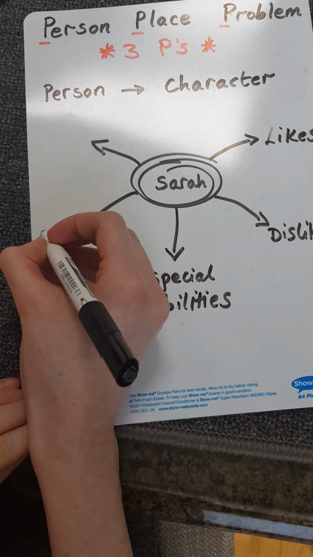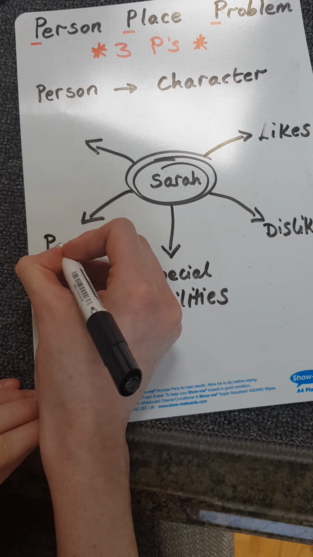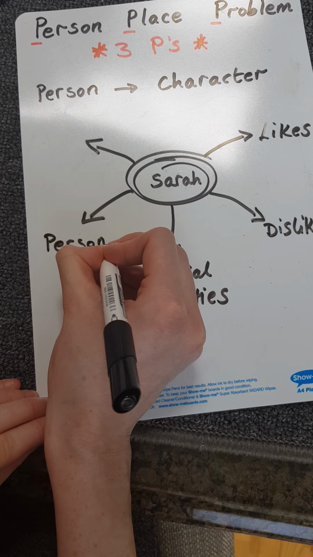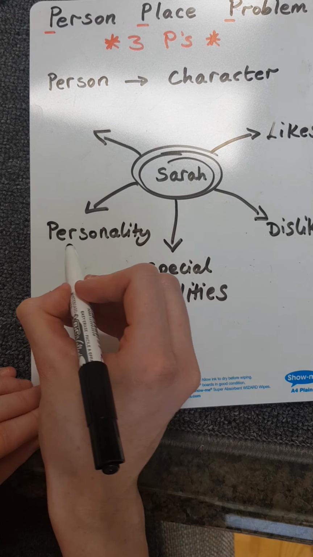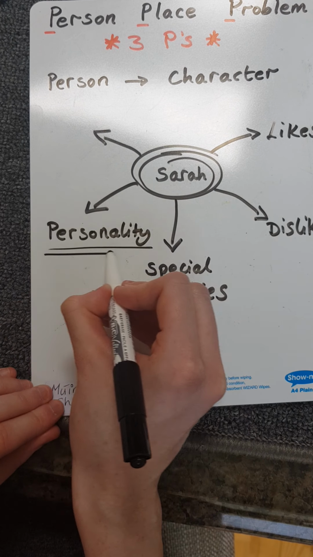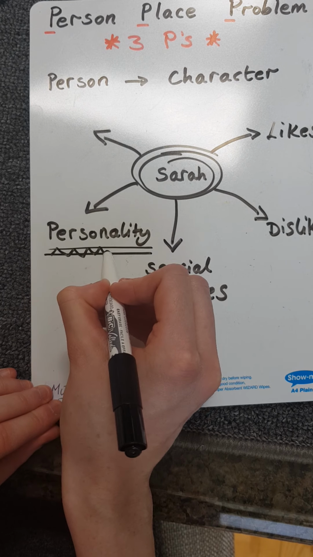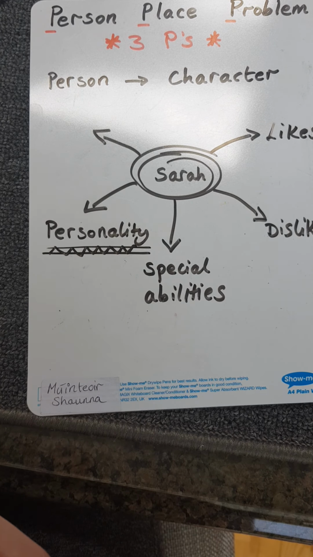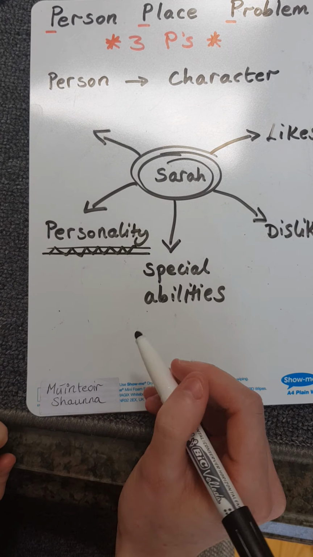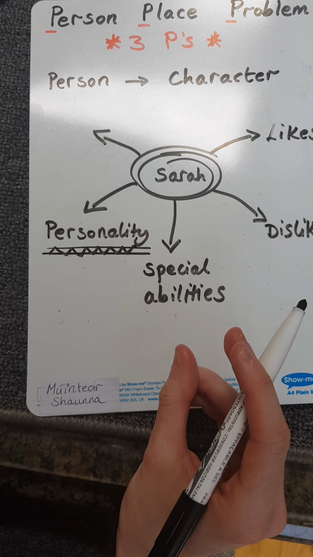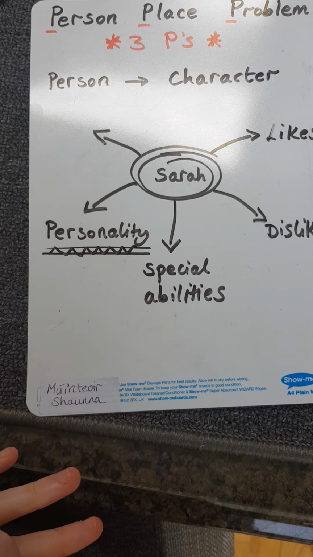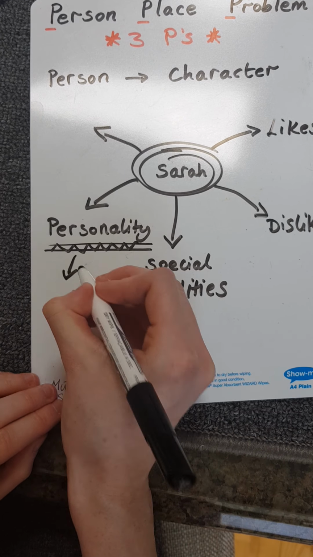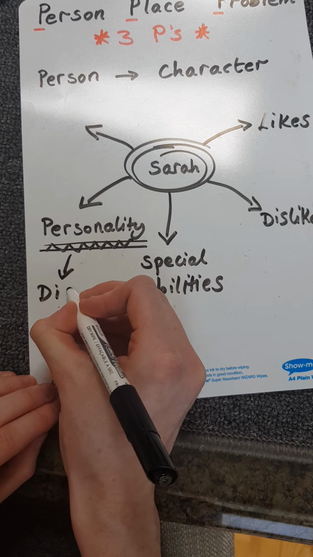The fourth line is personality. Personality is what we can tell about Sarah through maybe the way she speaks to different people. Does she have a nice personality? Does she have a rude type of personality? This can be revealed through dialogue, and we'll talk about dialogue later on.